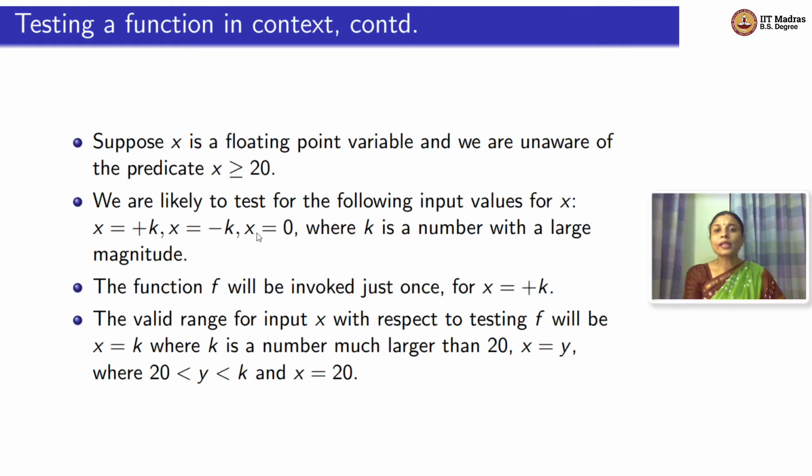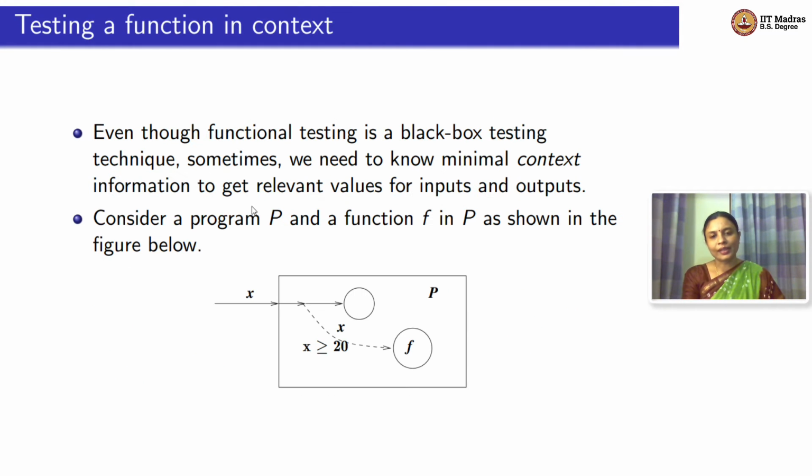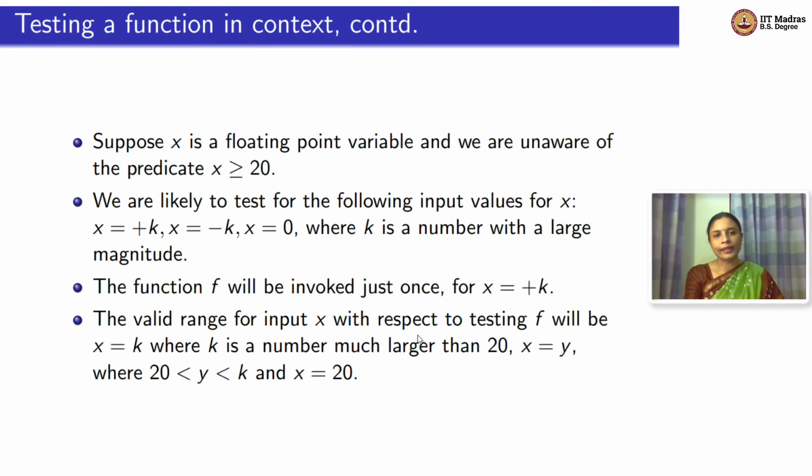So suppose x was a floating point variable in this case. If I had tested for all possible values of x, but my goal was actually to test the function f specifically, then I would have missed testing function f exhaustively. Let's say x was a floating point number and we weren't aware of the fact that function f that we wanted to test is reachable only when x is greater than or equal to 20.